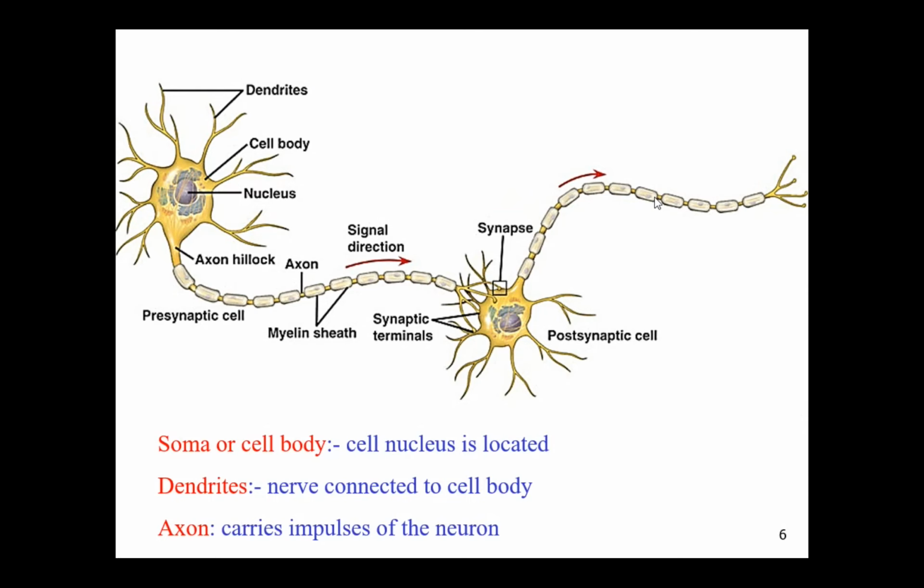Dendrites are the nerves connected to the cell body, and the axons carry the impulses of the neurons. The impulses are nothing but the data or information carried through electrical signals. Through electrical signals, the data is transmitted from one neuron to another.